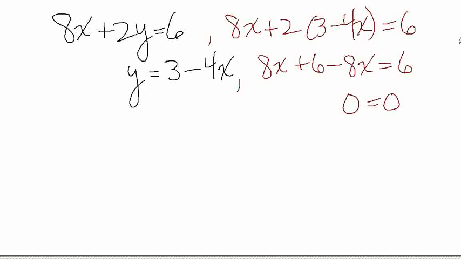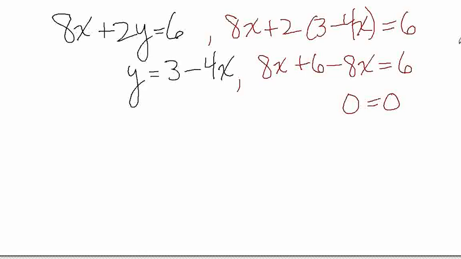All right, what just happened? Well, for what values of x does 0 equal 0? I think you would agree that that's true for all values of x. So this is a special situation. All values of x satisfy this linear equation. What about the corresponding values of y?